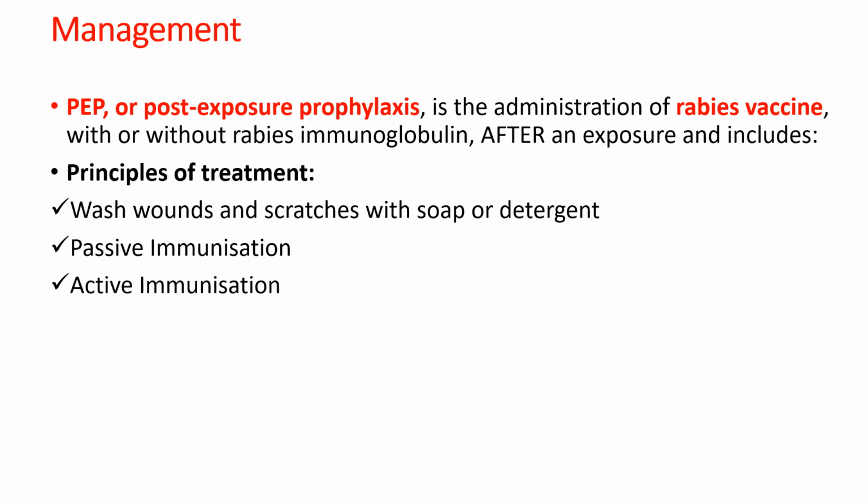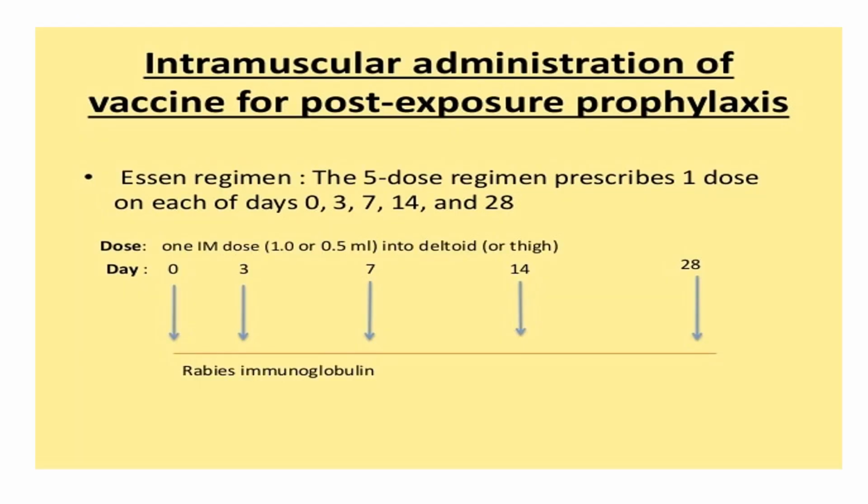So in case of post-exposure prophylaxis, we have to keep in mind the principles of treatment. Firstly, wound washing thoroughly with soap and detergent for at least 15 minutes. Passive immunization in the form of immunoglobulin and active immunization in the form of vaccines.